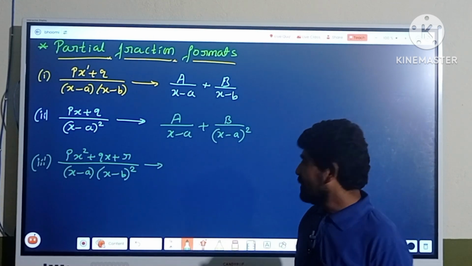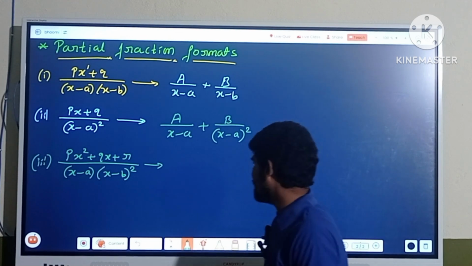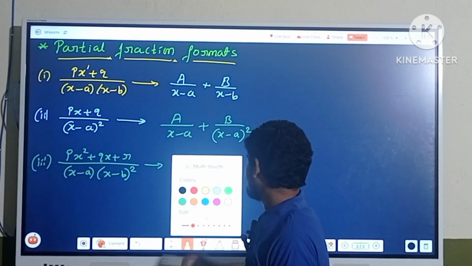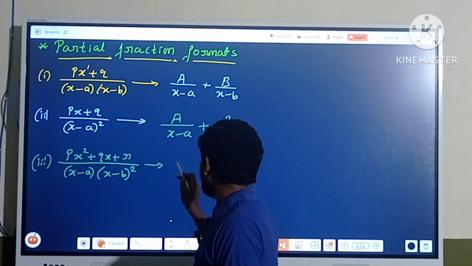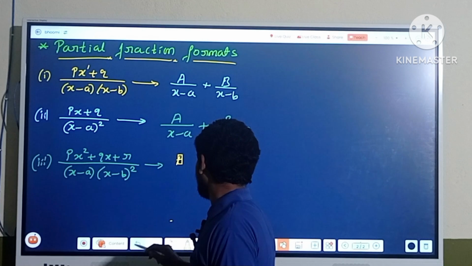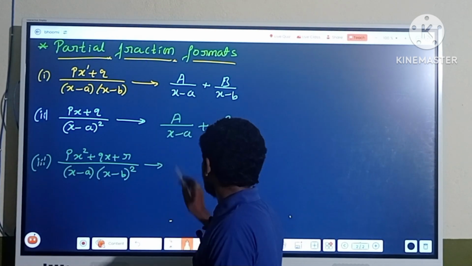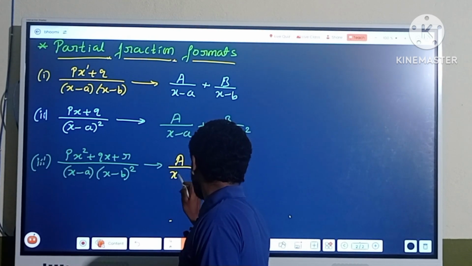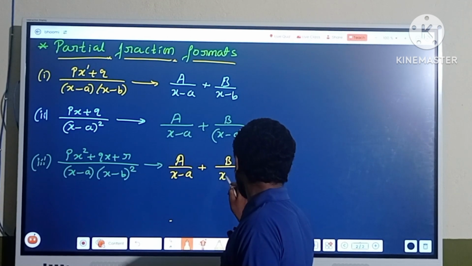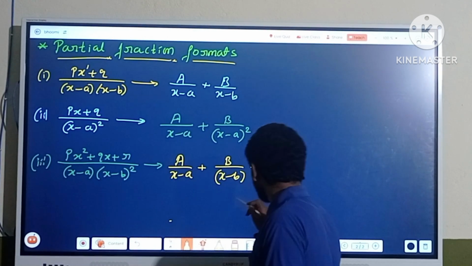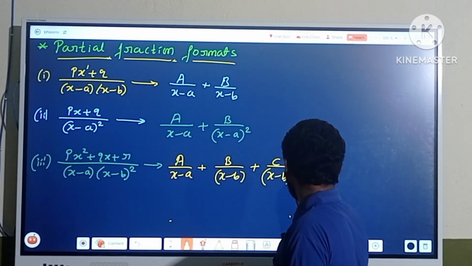If the denominator consists of linear factors, repeated as well as non-repeated, then this rational function format can be expressed as A divided by one factor, x - a, plus B divided by another factor, x - b, plus C divided by the square of this factor, that is (x - b) whole square.